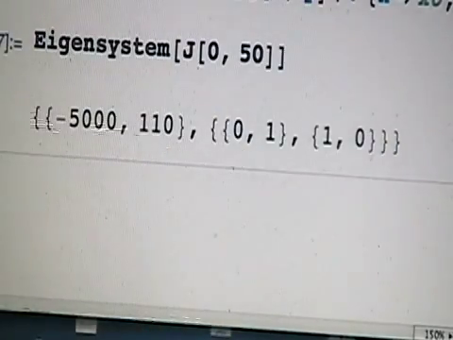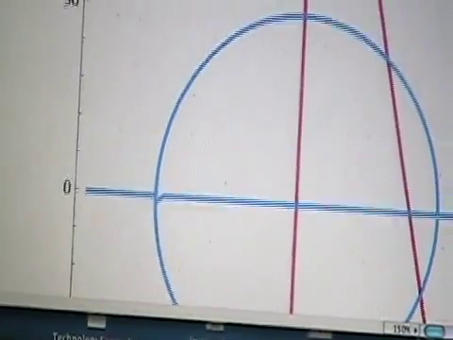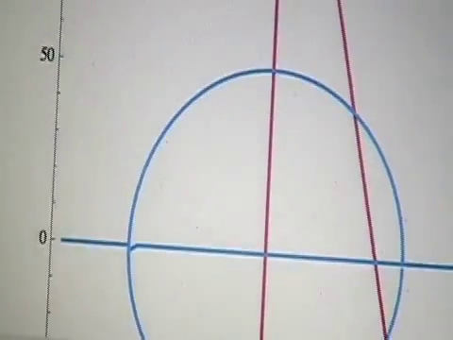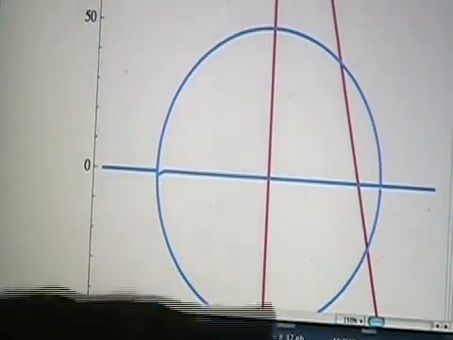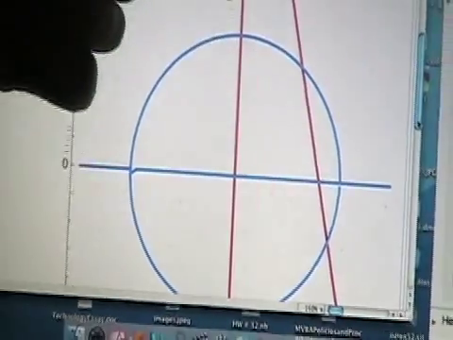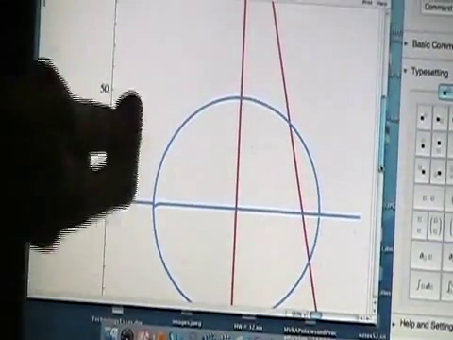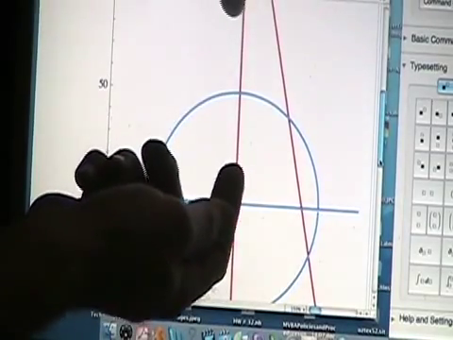See if that makes sense. Remember, the red nullcline is the x nullcline, where the vector field is vertical. In fact, it is like your typical species model, where if you start on the y-axis, you're going to stay on the y-axis. And the negative 5,000 was an eigenvalue corresponding to a vertical eigenvector.